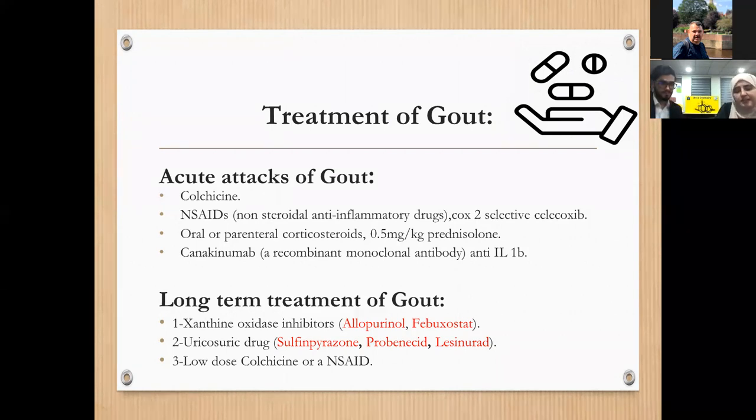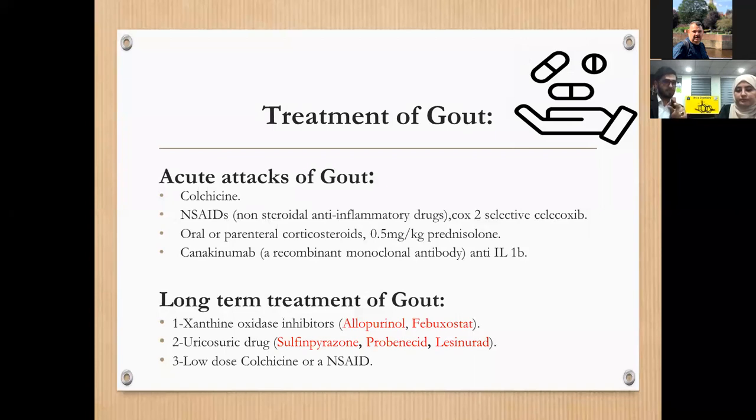Uricosuric drugs increase the excretion of uric acid from the kidney. And we have low-dose colchicine or a non-steroidal anti-inflammatory drug with it to decrease the inflammation event. I think the use of low-dose colchicine and non-steroidal anti-inflammatory drugs with long-term treatment of gout is that these drugs take time to reduce the uric acid level.